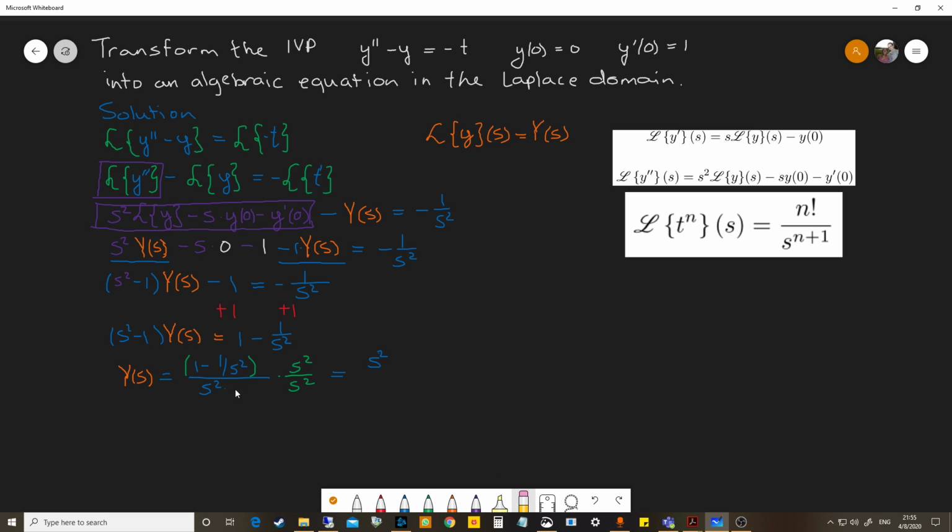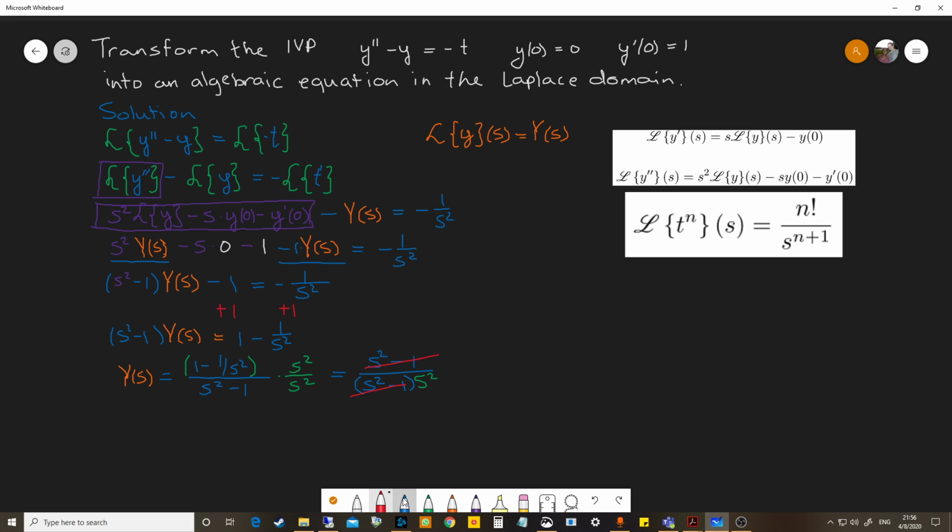So when we distribute this, we get s squared minus 1 in the numerator, and that's something that I had in the denominator as well. I'm not going to distribute the denominator because now I see there's a factor of s squared minus 1 here and a factor of s squared minus 1 here.